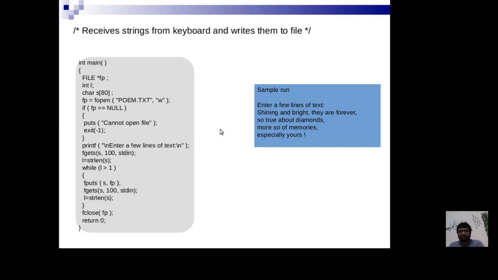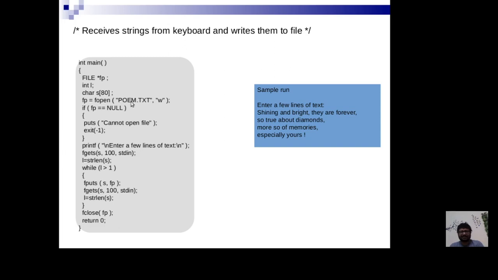Here is a program that receives strings from the keyboard and writes them to a file. So you declare a file pointer fp and an integer l and a character array of length 80. Then you open a file for writing in write mode and assign the pointer to it to fp.